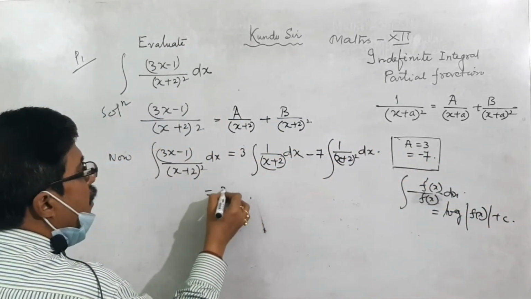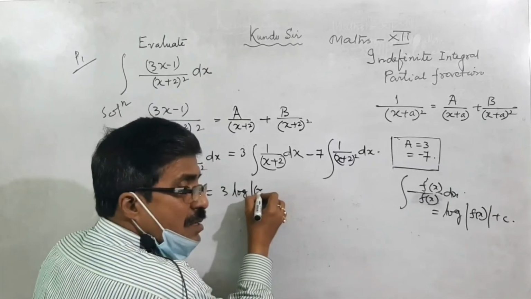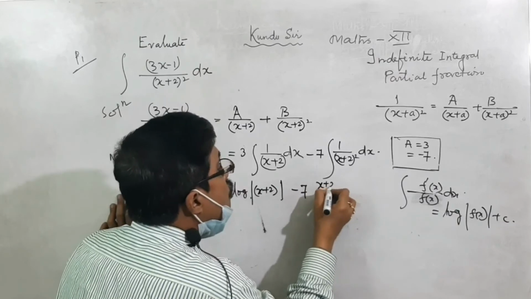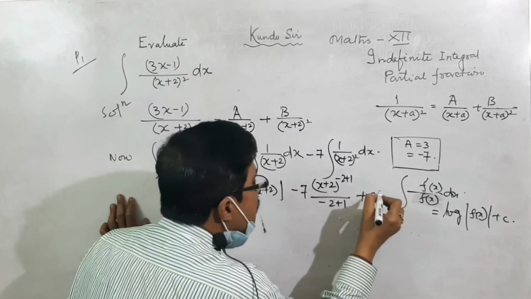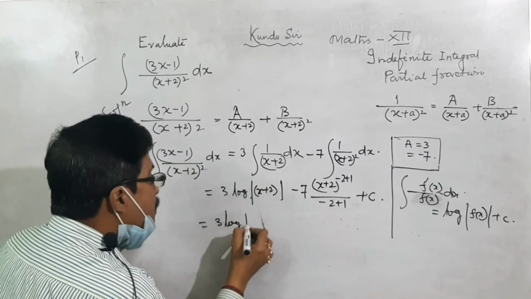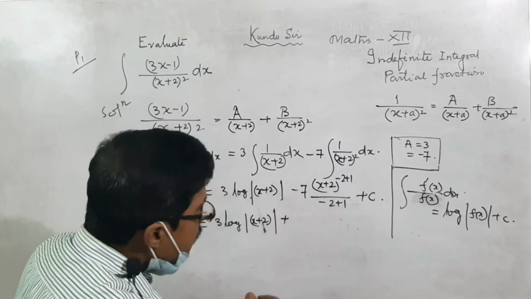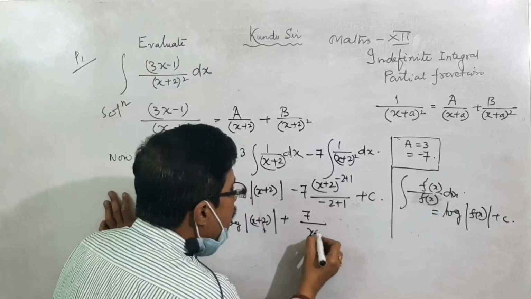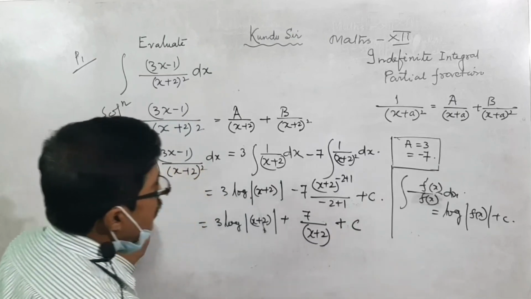So it can be written as 3 log modulus (x plus 2), minus 7 times (x plus 2) to the power minus 1 upon minus 1, plus c, where c is an integration constant.